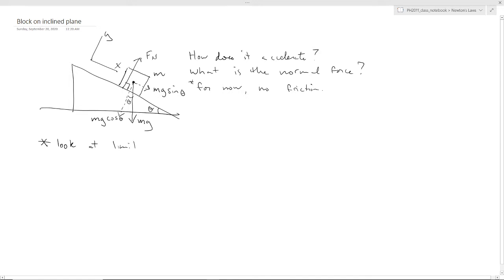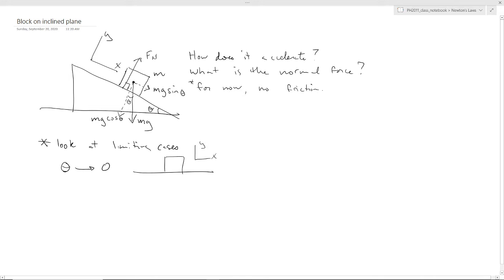So what I mean is, when theta goes to 0, let me actually draw it like this. When theta goes to 0, this thing would become basically flat, right? M's just sitting there. There should be no force that's going to push it in the x direction, right?